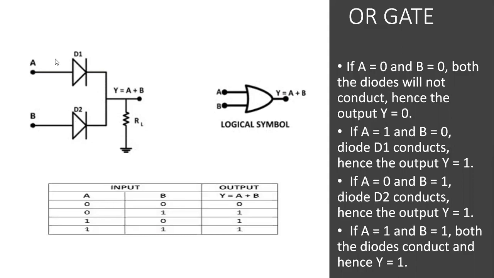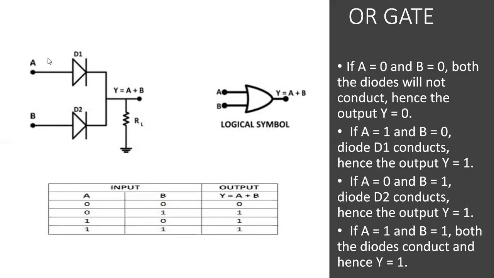If you give any one of the inputs high, that means if you give A 0 and B 1, then the corresponding diode, the high input diode, becomes forward biased, and the low input diode becomes reverse biased. This forward voltage passes through this diode to the output, hence the output will be high.